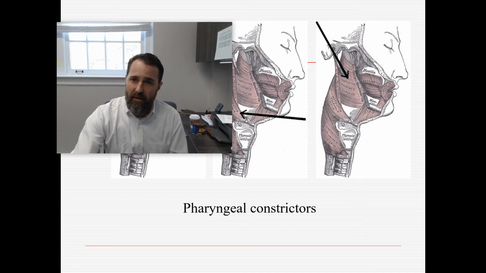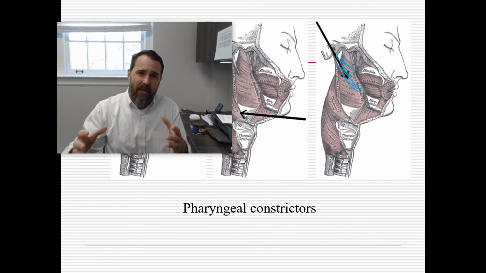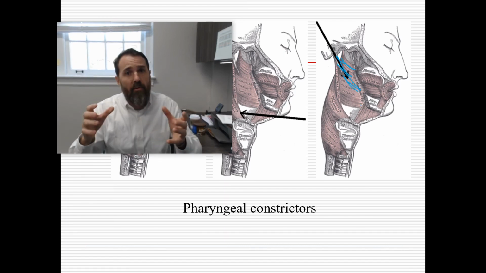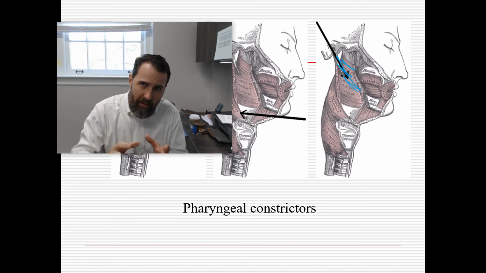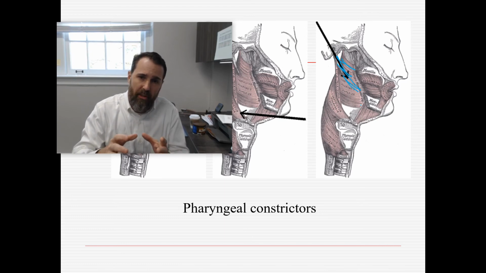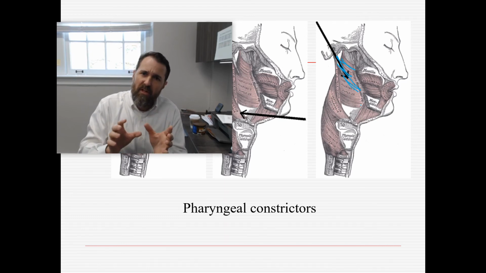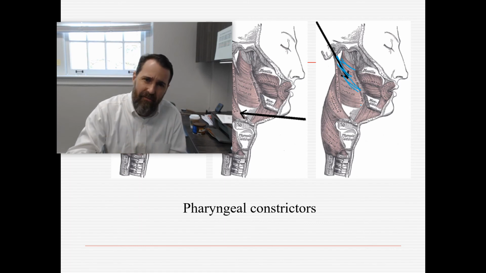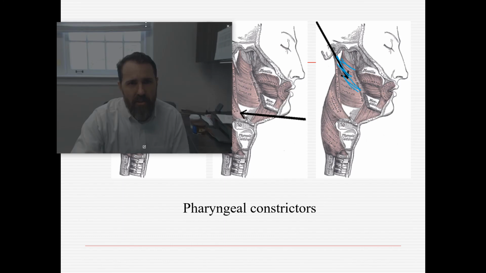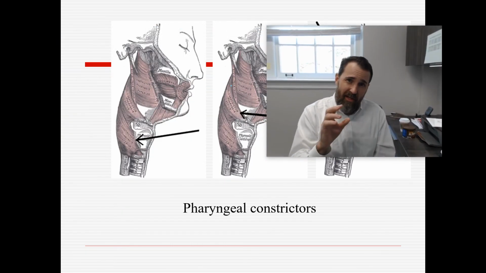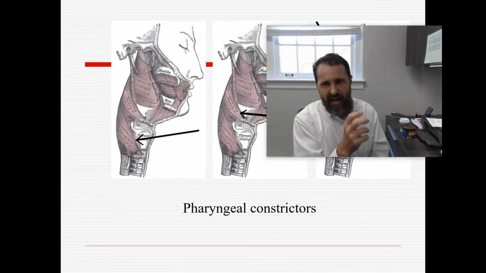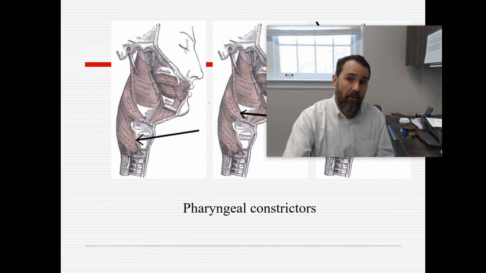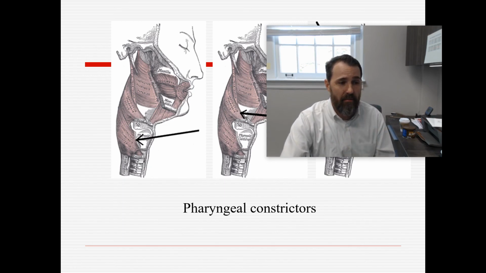So starting over here, you see the superior pharyngeal constrictor, and that is the muscle that creates the superior pharyngeal walls. The middle pharyngeal constrictor creates the middle portion, the middle walls of the pharynx, and the inferior pharyngeal constrictor creates those walls of the hypopharynx, also known as the laryngopharynx.